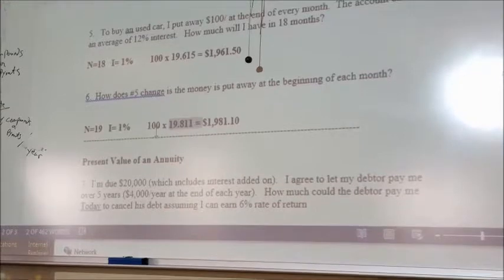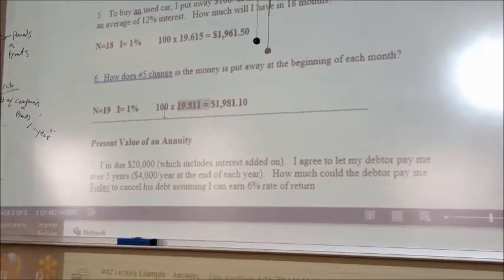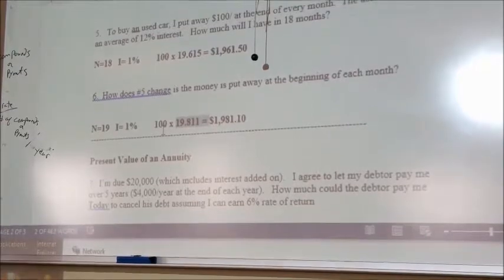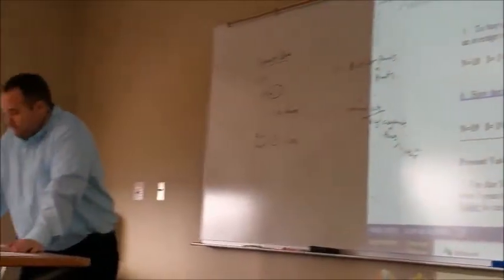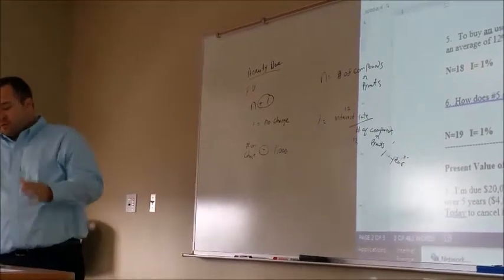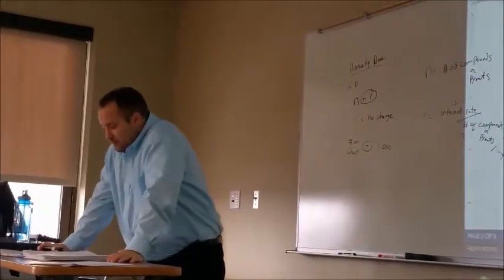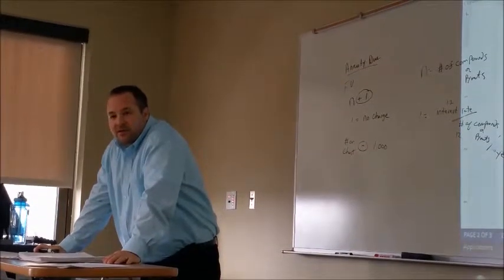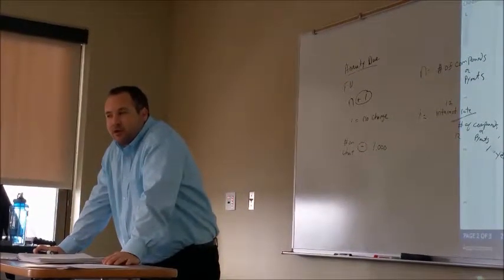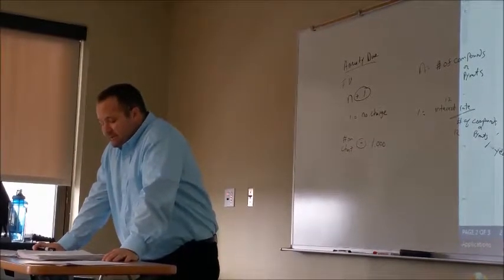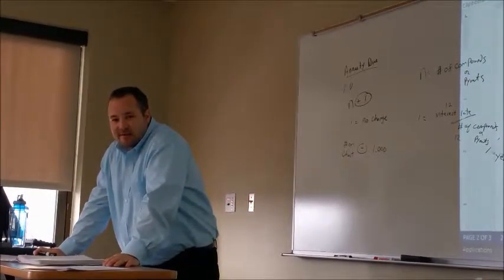And then we're going to prove it to make sure that nobody's getting ripped off. So I know what the future amounts are worth. I'm allowing him to pay me $4,000 a year to get to $20,000. But how much could he pay me right now instead of all those payments, and neither of us would be any worse?